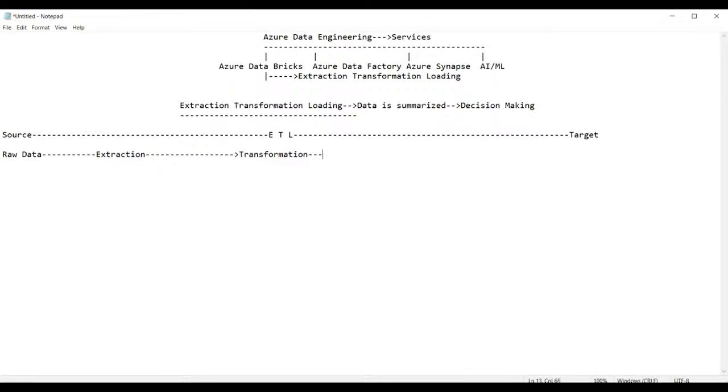Once the transformation is done on the data, it is finally prepared and loaded into the target, that is called a destination. Getting my point? Now guys, this is a bit technical. I want to simplify it and explain it to you.